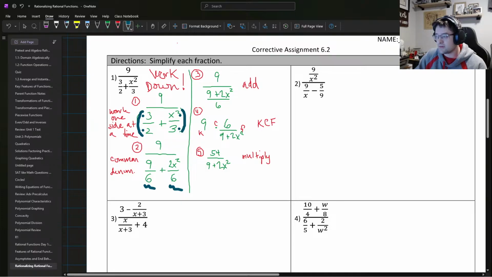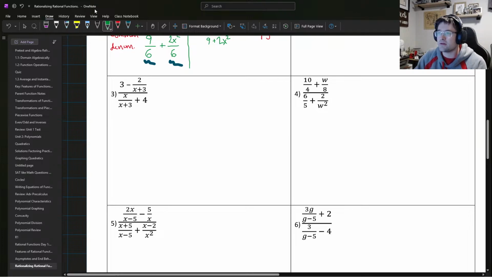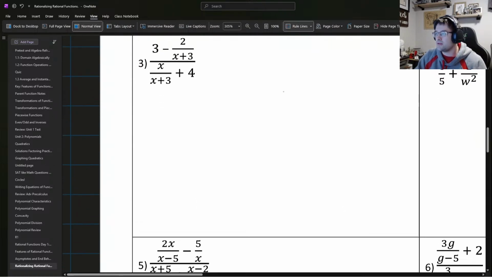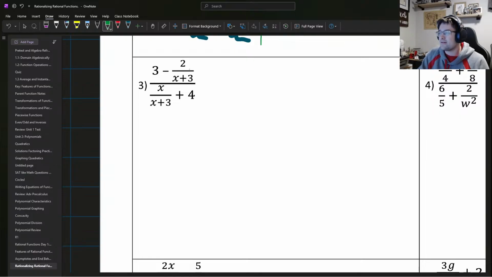The next ones do follow a bit more steps. There are some more steps to complete with these, so we'll go ahead and we'll do this one together. Our number 3 has us give a common, well, I guess we're going to work on the numerator first.